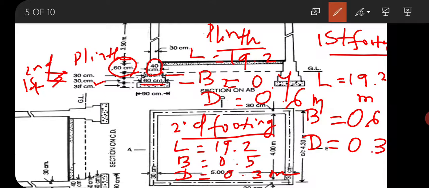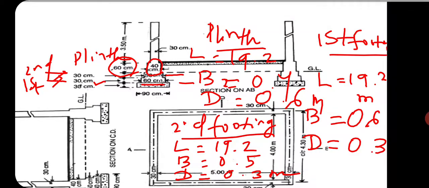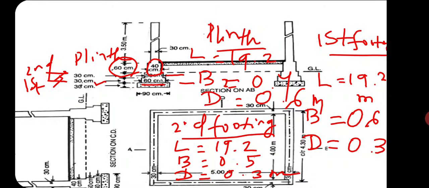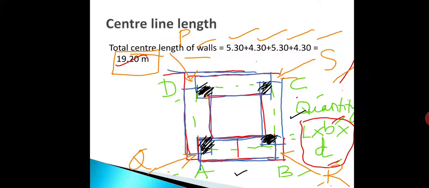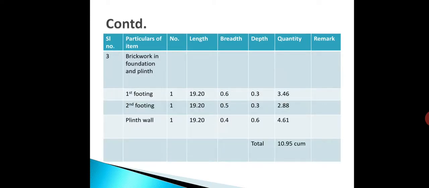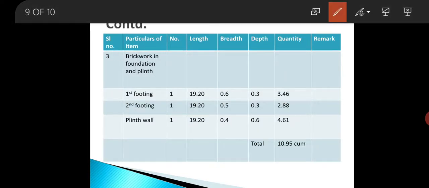Okay. Now we will move to our details of measurement form. In details of measurement form, brickwork in foundation and plinth, first footing. Number will be 1, length is 19.2, breadth is 0.6 and depth is 0.3.